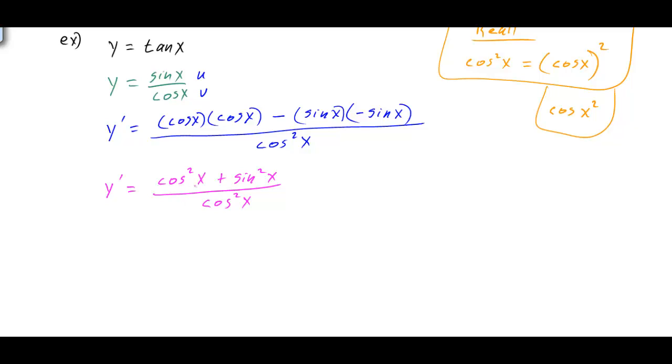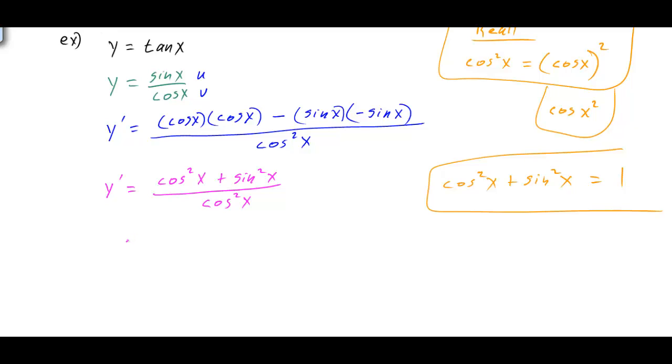Another way is you could say, well, if we look at this, we have cosine squared x plus sine squared x, and remember this is one of your Pythagorean identities.